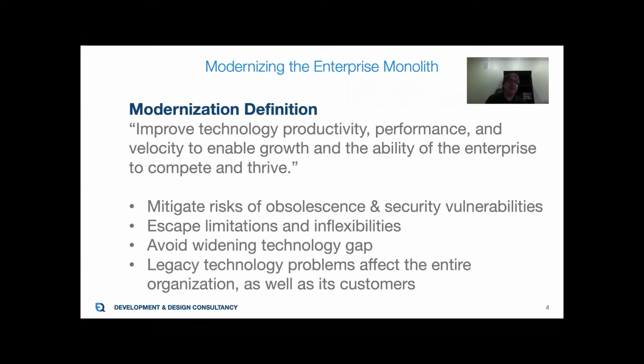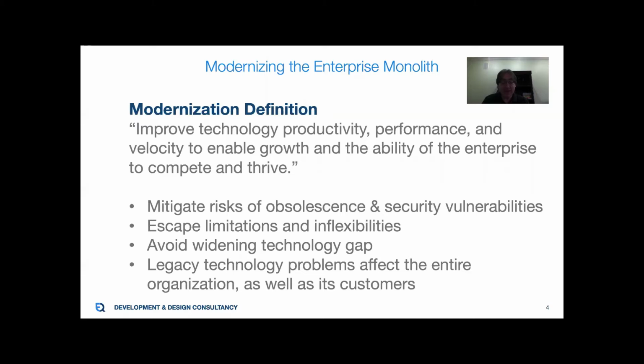So outside of this narrow definition, we get into some pieces that more specific parts of the organization see. Mitigating risks of obsolescence, the engineering department knows all about that. Security vulnerabilities, there may be a CISO who's kept up at night. There may be a CFO worried because they've seen reports of what it could mean for the organization. But again, it's a slightly siloed view.